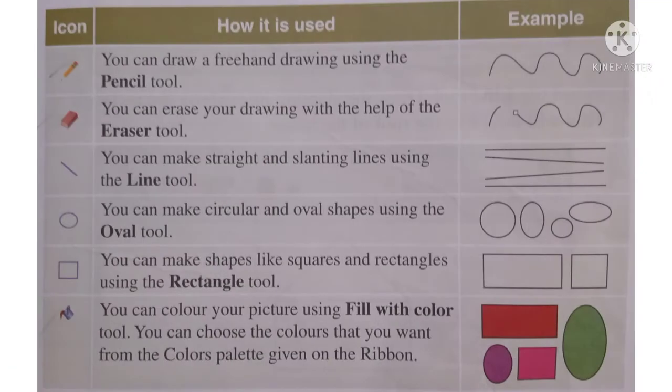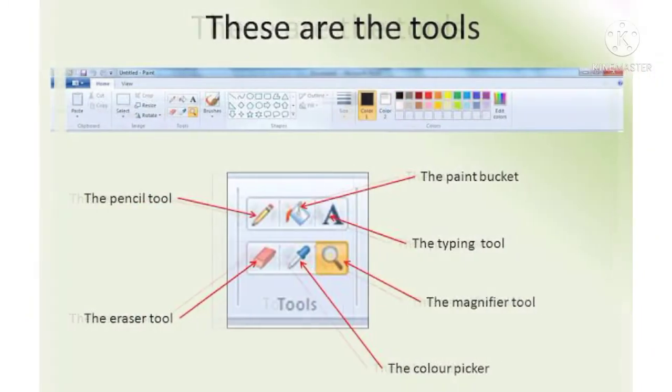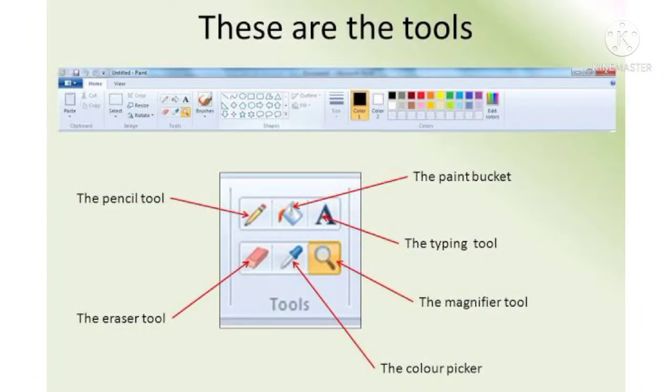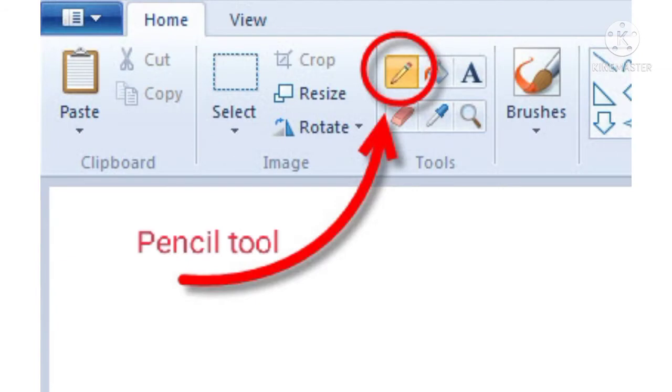Pencil tool. This is used to draw very thin lines, just like you use pencils to draw on paper. By using a pencil tool, various types of freehand drawing can be drawn. To use these tools, click on the pencil tool. By selecting the pencil tool, you can choose the color you want.